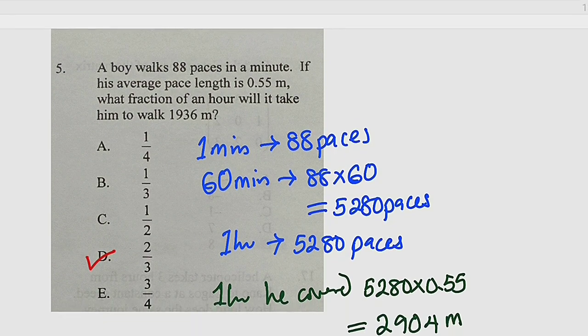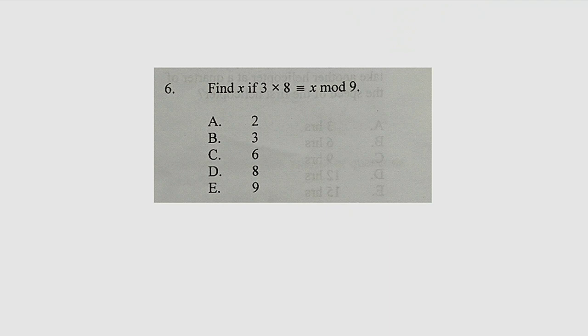Now let us move on to question number 6. Here is question number 6. We are asked to find the value of x, given that 3 multiplied by 8 is equal to x in mod 9. Remember that modular arithmetic is a remainder arithmetic. We are concerned with the remainder. So what is the result after multiplying 3 by 8? 3 multiplied by 8 is indeed equal to 24.